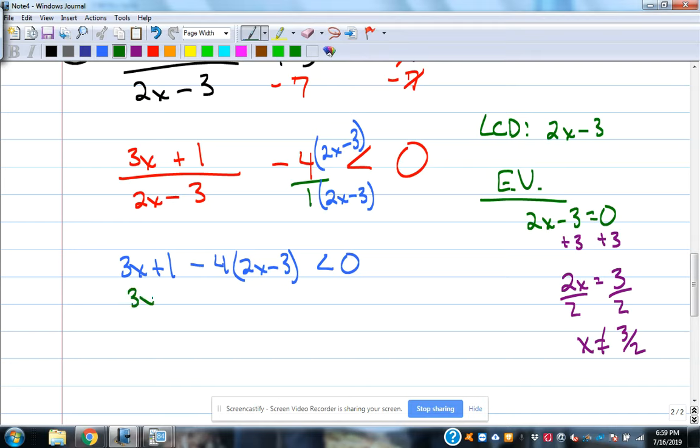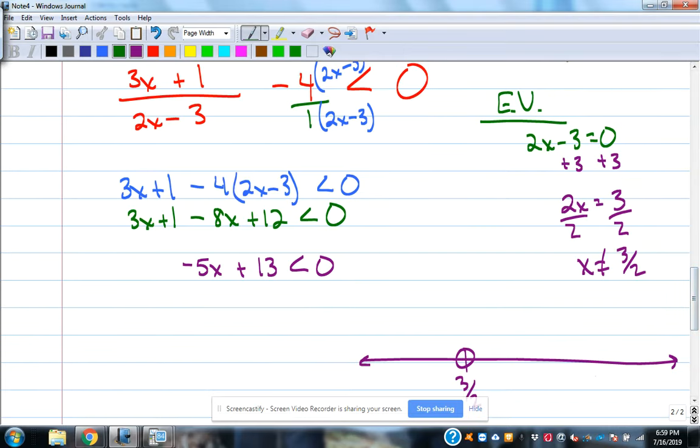So 3x plus 1 minus 8x plus 12 less than 0. We'll solve that. So I got 3x minus 8x negative 5x. 1 plus 12 is 13. I'm just putting like terms together is all I'm doing there. 2 more steps to get my other number. Subtract 13.